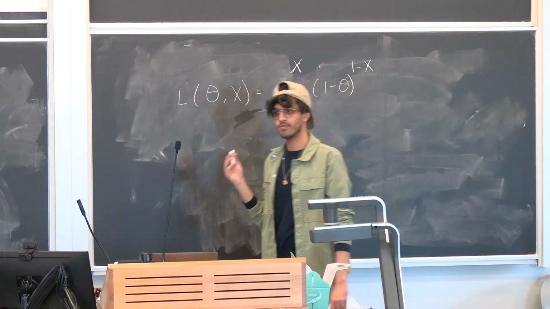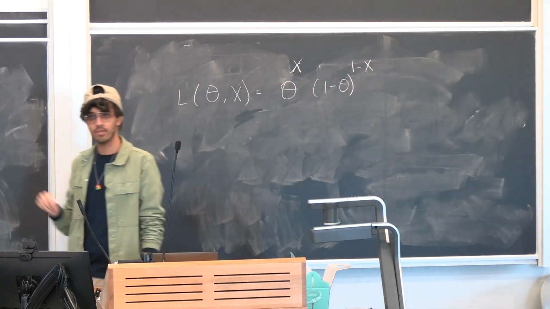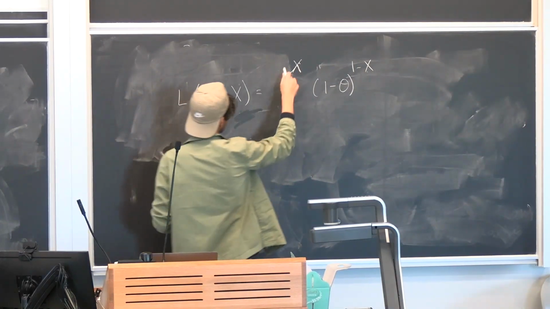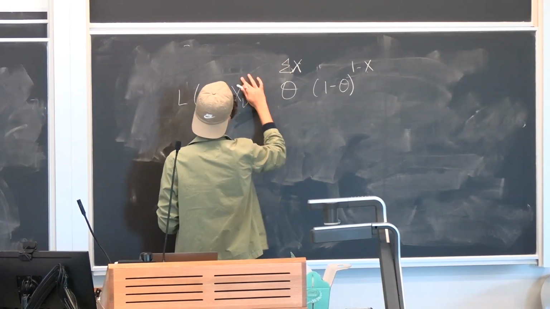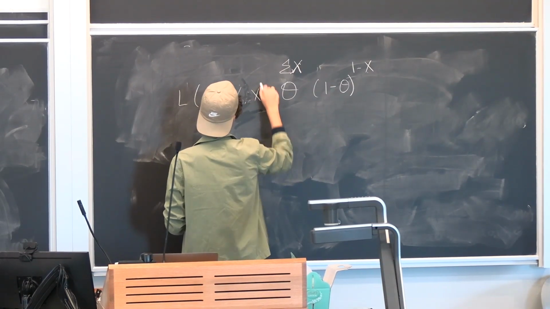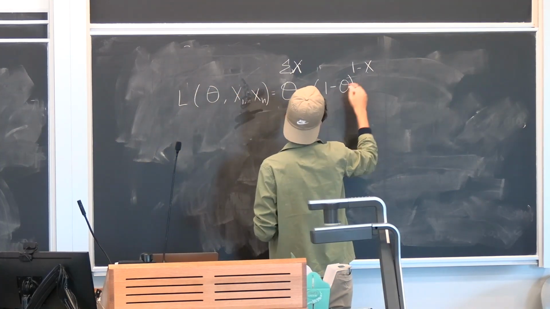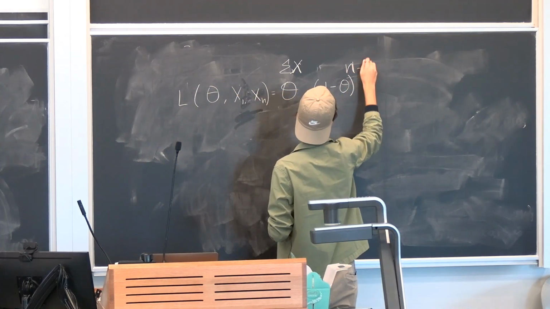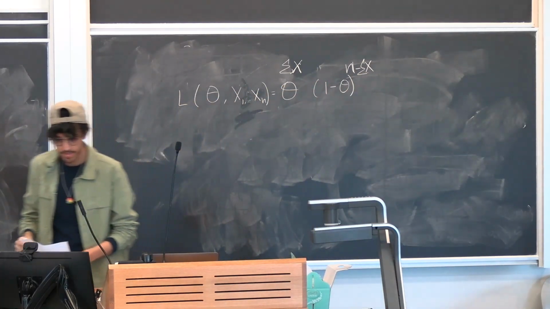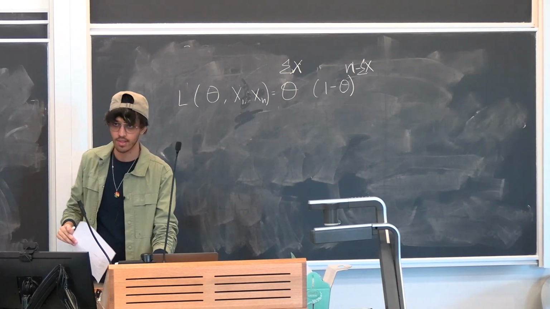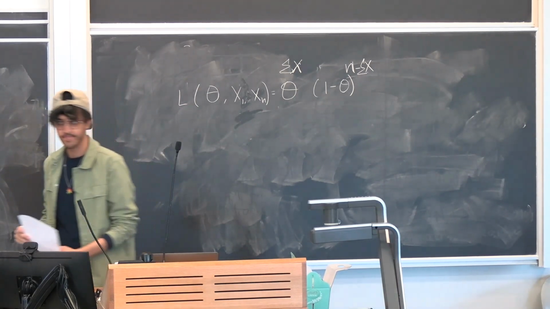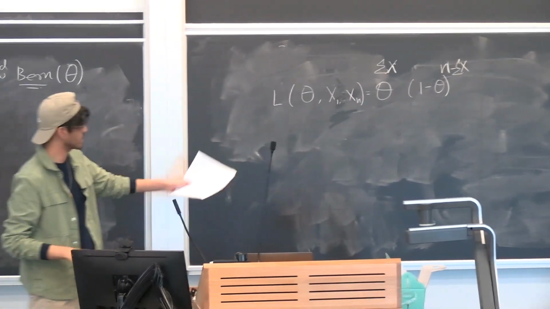And if you have many of these, what happens? You take the product, which ends up being the sum in the exponent. So you would just get this: theta to the power of the summation of x1 to xn, and then n minus the summation. Right? Okay, what would that make our log likelihood with respect to theta?